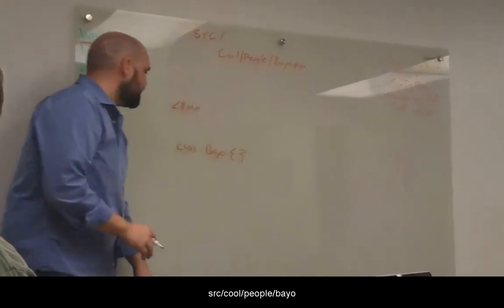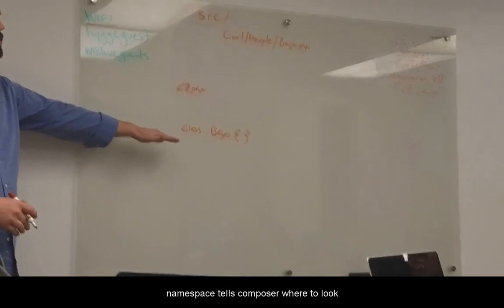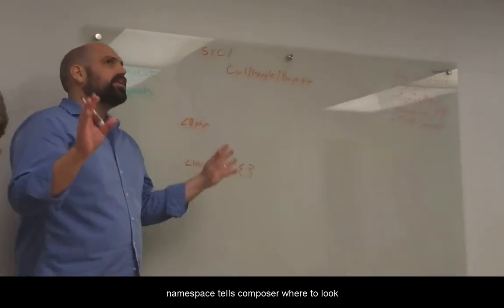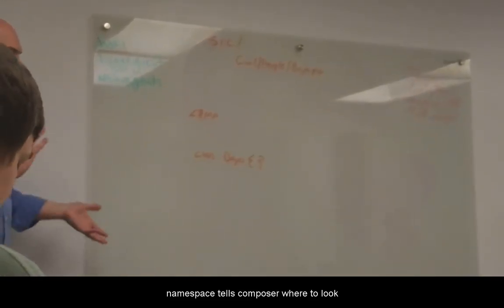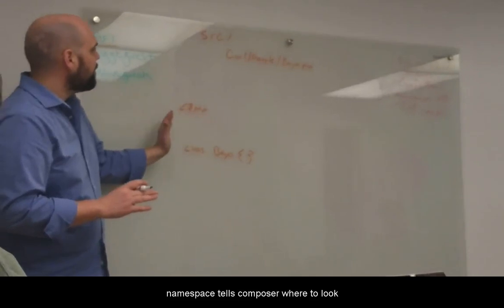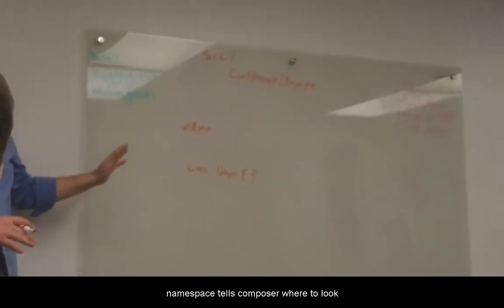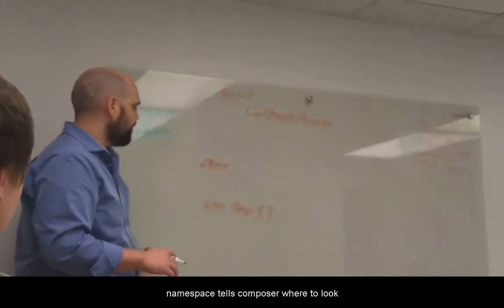So what I need to do is namespace my class so that the Composer autoloader knows where to find it. In the background, Drupal connects the module path to Composer, but from there my namespace tells it where this file lives inside of the folder structure.